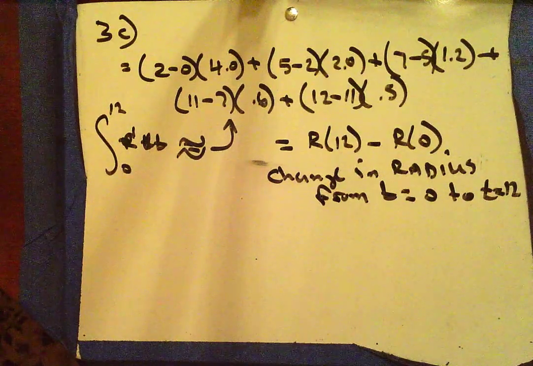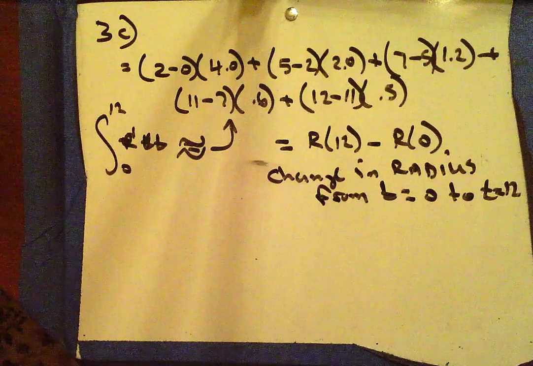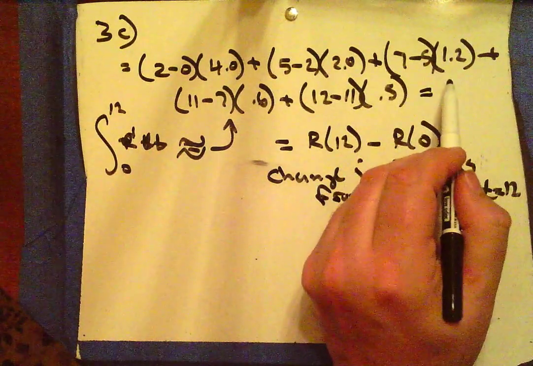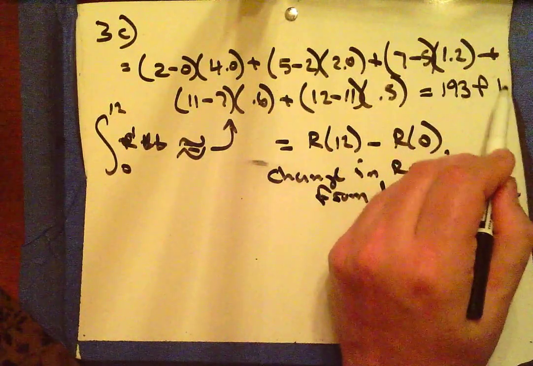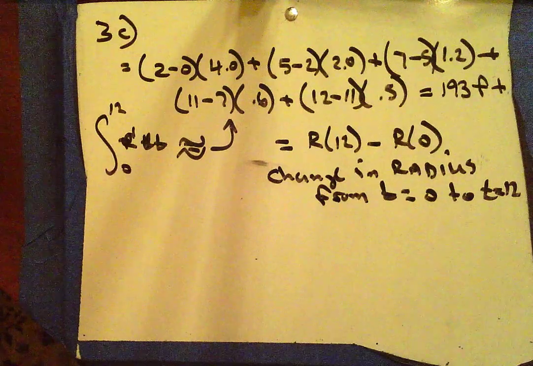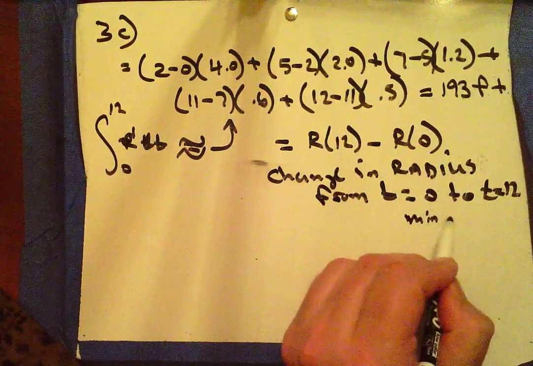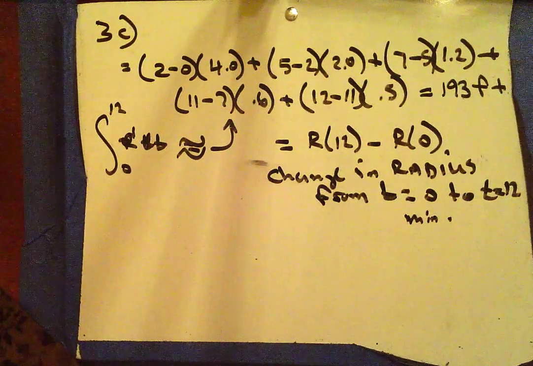Oh, well, we did that. This turns out, by the way, if you actually wanted to waste the time to figure it out, to be 193 feet. Okay, and these are, don't forget, minutes. That's 3C. What about 3D?